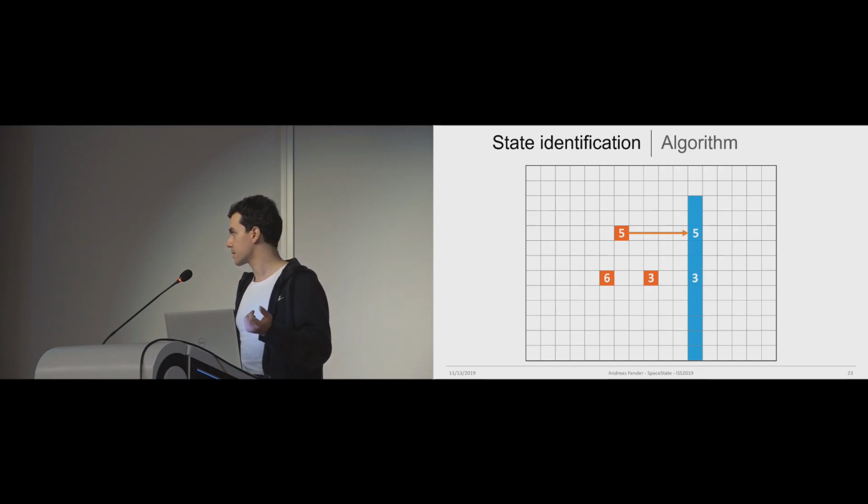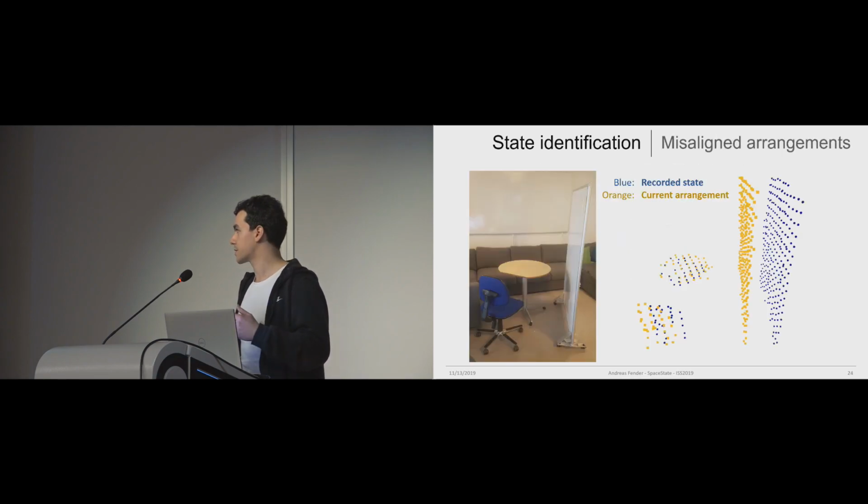So that has some nice properties compared to just counting voxels and how close they are in general to the captured surface. Let's look at some examples. For instance, if the user is not exactly aligning the furniture when the state is being set up the second time, so this is just a screenshot from our evaluation, then of course simply counting voxels or checking whether they're inside the captured area is not enough.